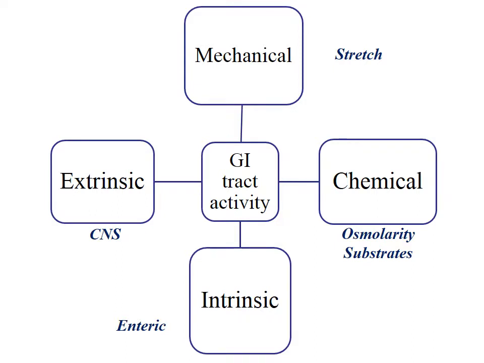With regard to nervous system control, we can use extrinsic systems like the parasympathetic nervous system and the vagus nerve. But we will also use a localized nervous system within the alimentary canal. This intrinsic system is called the enteric nervous system, sometimes called the gut brain.